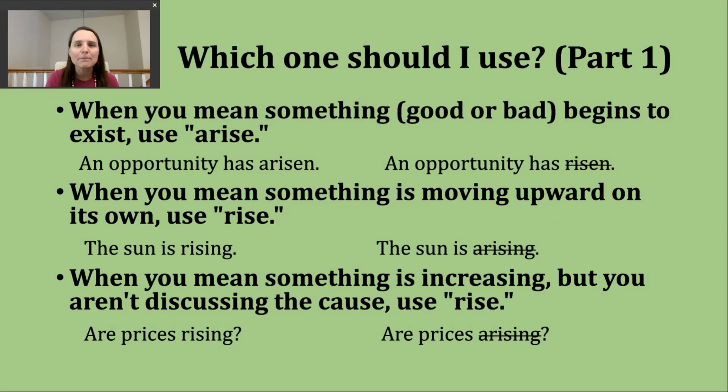Okay, so an example of how you might hear this used: an opportunity has arisen. Opportunity always has this kind of positive meaning to it. So here's a good thing that is beginning to exist. Okay, we do not want to say an opportunity has risen. I know it might sound so close, but arisen would be a better choice there.